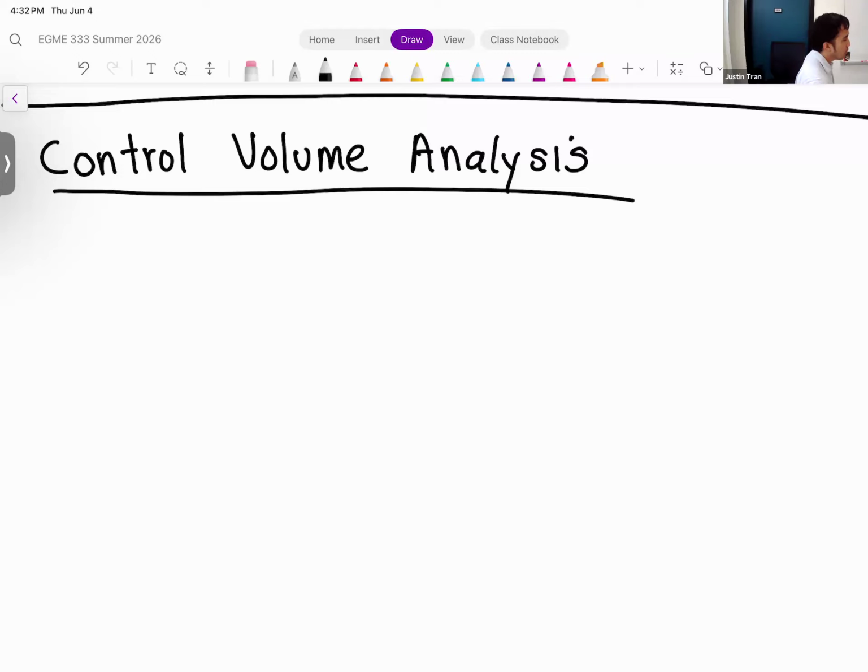This is where problems get a bit more complex, but we can do a lot more interesting things now as well. The central theme of today and Tuesday and likely next Wednesday as well is that we'll be applying and drawing these control volumes and using that as the framework for applying our basic conservation laws to these systems.